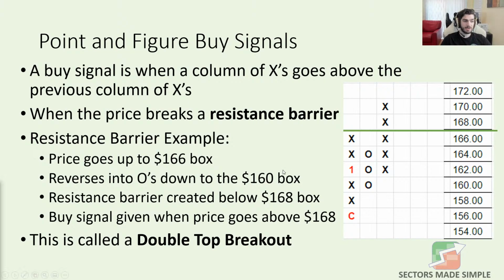But all we care about, and for even all of those signals, the buy indication is always the same. Current column of X's above the previous column of X's. Setting a resistance barrier, and then breaking that resistance barrier. Everyone with me? Cool.